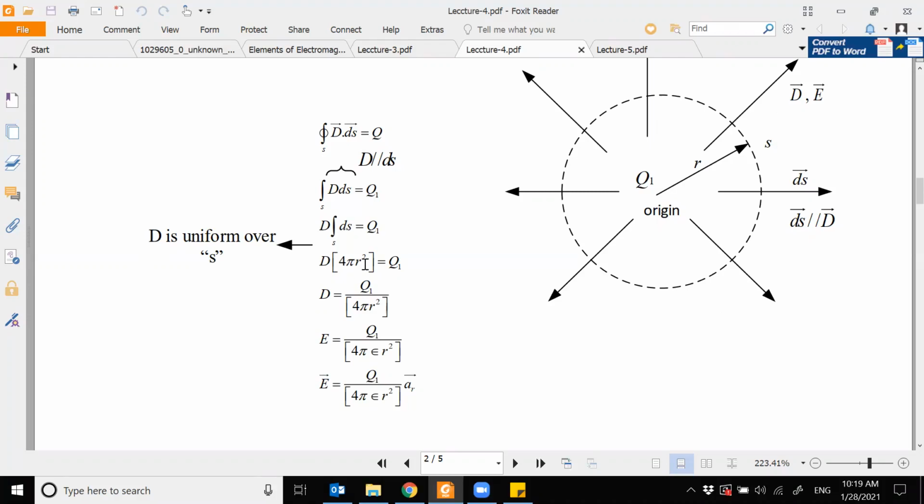The good thing is when the symmetry is in place, all these things come together. D and ds bar become parallel, and D becomes uniform over the Gauss's surface, and therefore you can take D outside. At that time, Gauss's law becomes very easy.